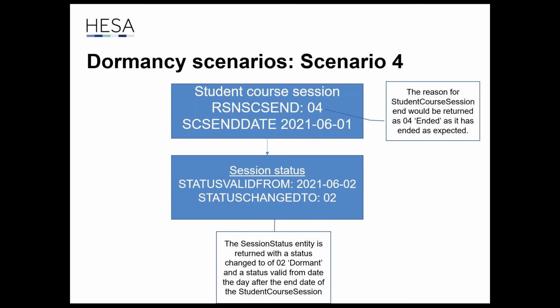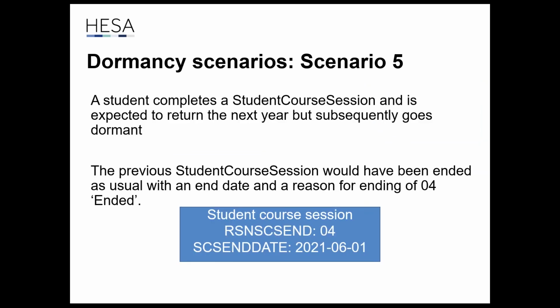Scenario 5 is similar in terms of the student's activity. The difference here is the point at which the provider knows that the student is going dormant. So in both scenario 4 and 5, the student completes one year of study and doesn't come back for the next year of study. In scenario 4, the provider knew that at the point they were returning the end of the first student course session.